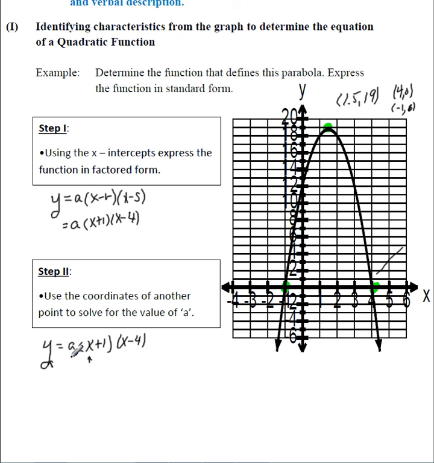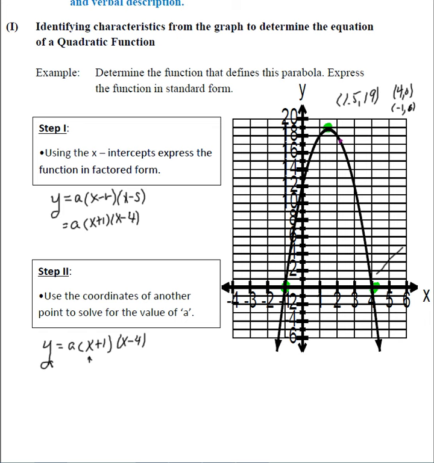We would only be left with a that we could find. The choice is up to you which points you use. They just have to be points on the graph. I wouldn't look for a point like that because I'd have to guess on what the values were. So look for an intersection.